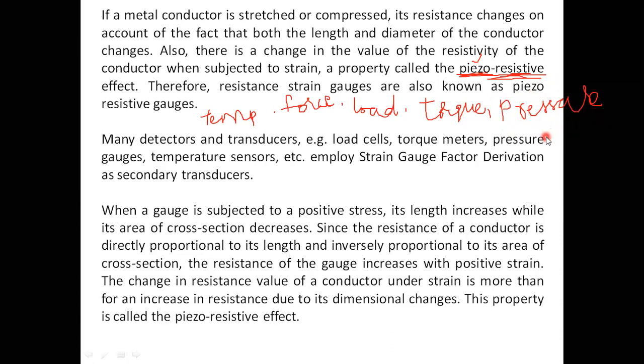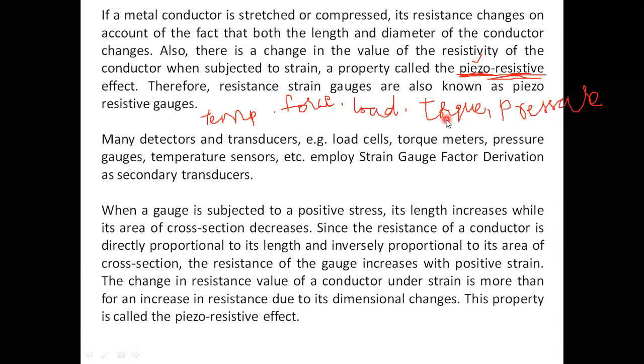So these strain gauges are occasionally used to measure pressure. The main importance of these strain gauges are to measure force, load, and torque. Force, load, and torque are the main applications of these strain gauges.